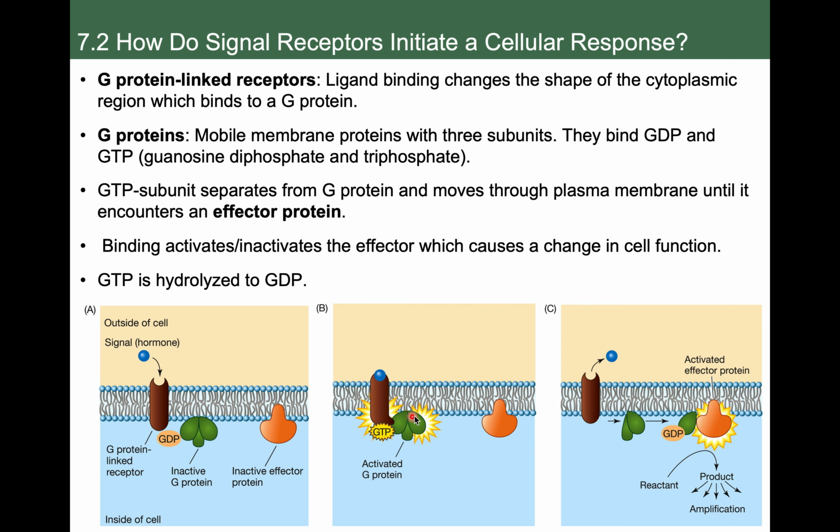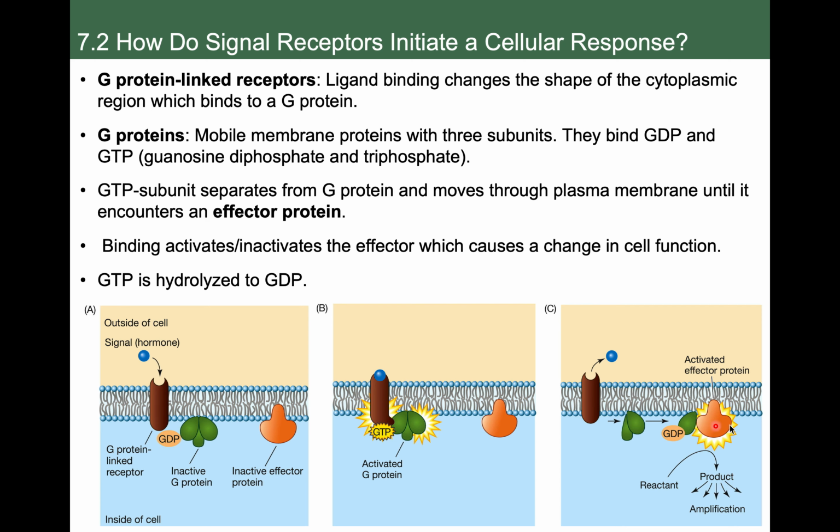Now that G protein is activated and it can diffuse off down the membrane, move down that inner surface of the membrane, or at least a subunit of it will move down the membrane, until it bumps into the next runner in the relay race and activates it. And then we're into that whole cascade or relay race at that point.